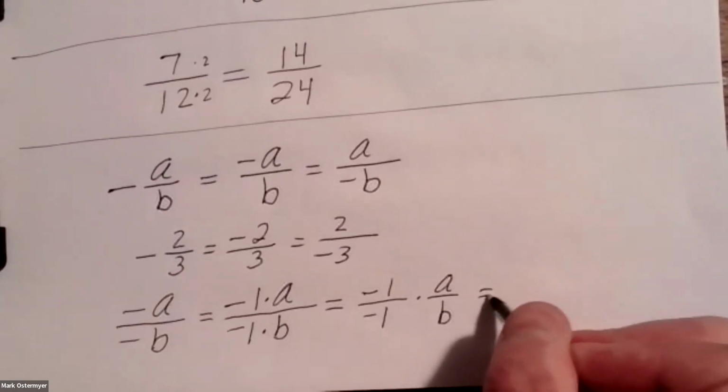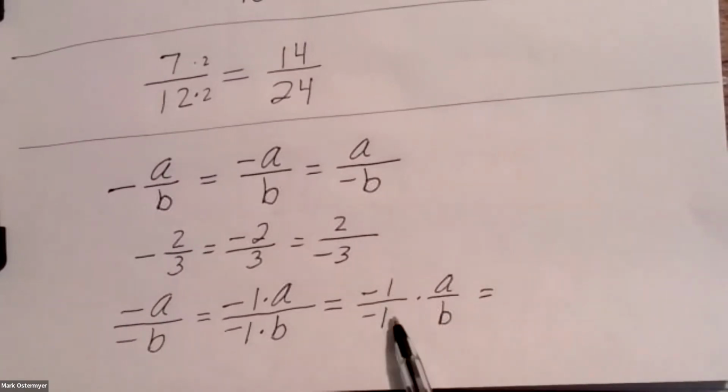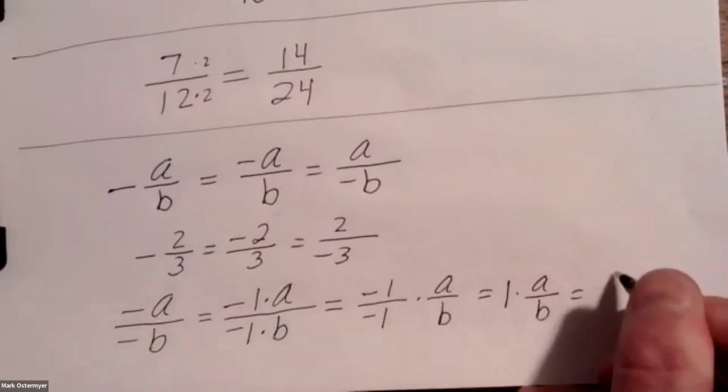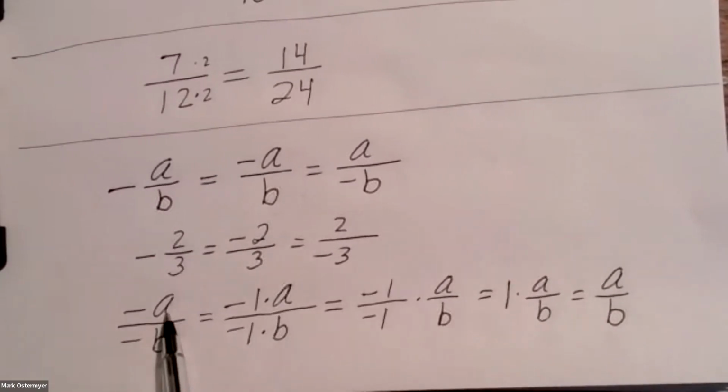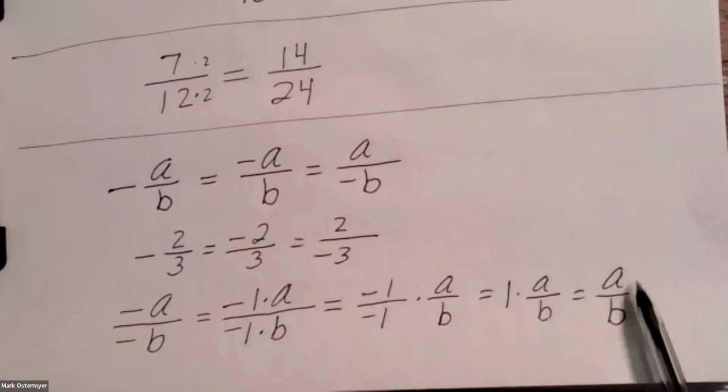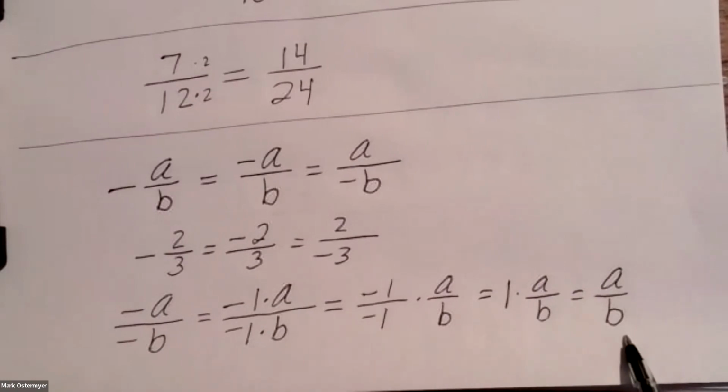But what's anything divided by itself? What is this equivalent to? 1. And 1 times a over b is just what? a over b, correct? So to make a long story short, when you have a negative numerator and a negative denominator, that fraction is really equal to the positive numerator over the positive denominator. Isn't that true? It's always going to be true.